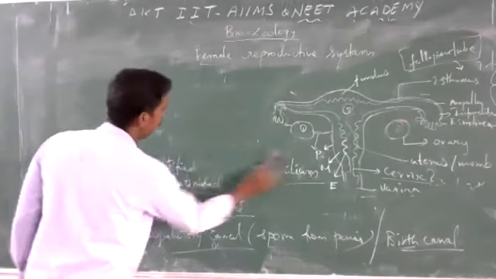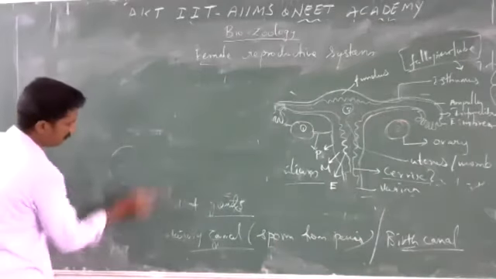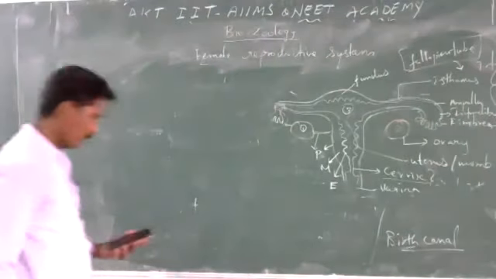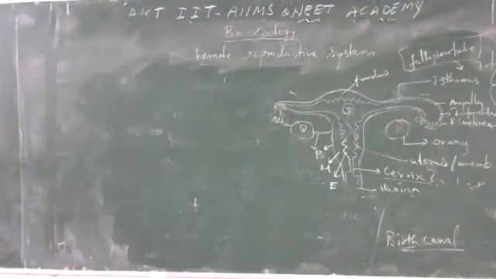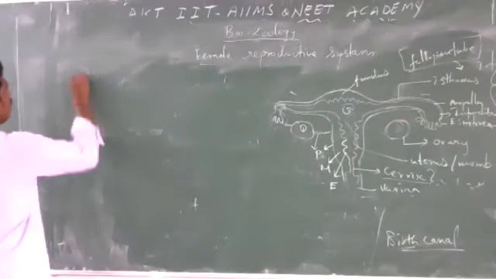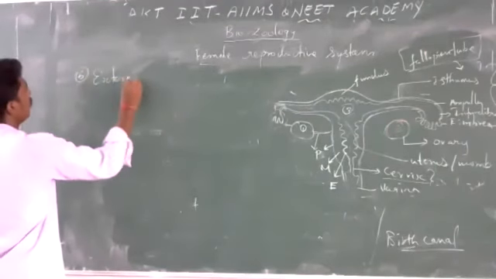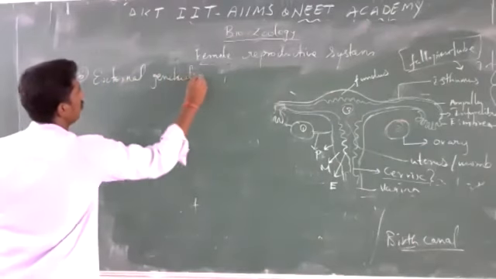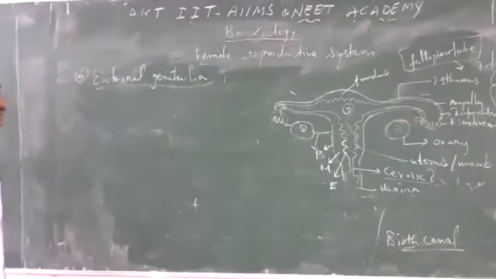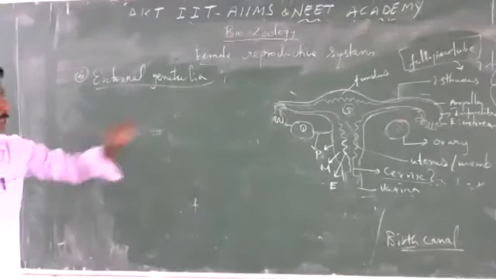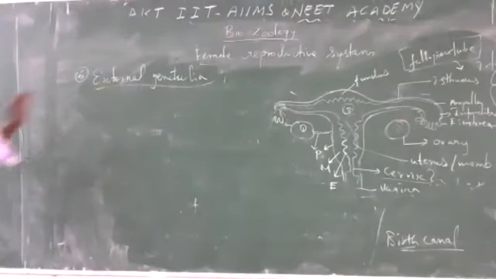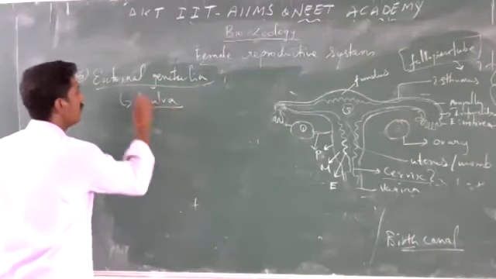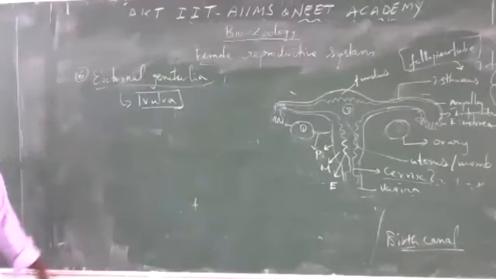external genitalia. The external genitalia of the female reproductive system are commonly or collectively called the vulva.